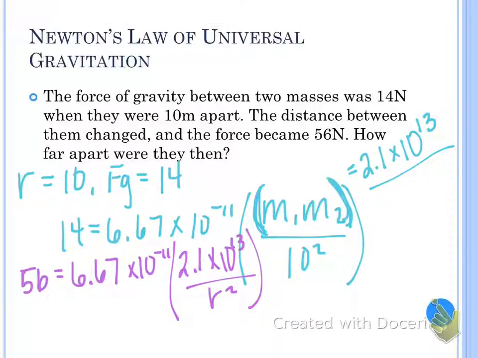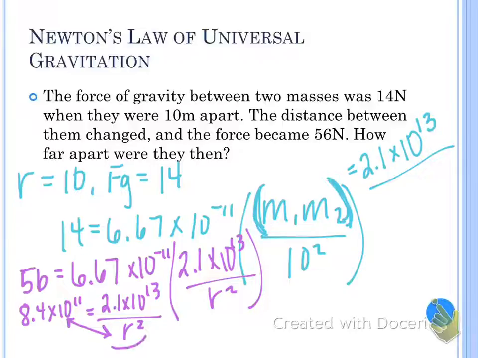That leaves us with 8.4 times 10 to the 11th equals 2.1 times 10 to the 13th over r squared. When our variable's on the bottom, what's the rule? We switch these two places. So we take 2.1 times 10 to the 13th divided by 8.4 times 10 to the 11th. And after that, what do we need to do finally? We have to remember to square root it because it is r squared.